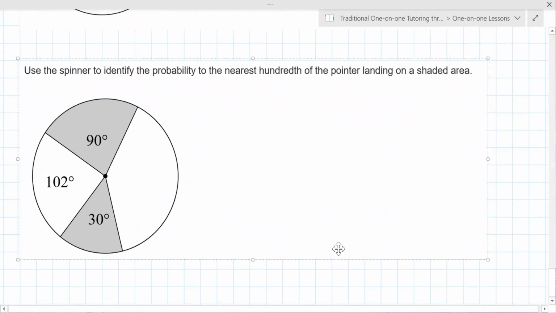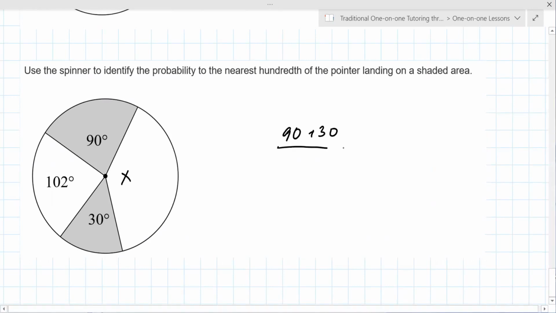So notice you do not need to find X because it doesn't matter what this one over on the right is. You just want 90 plus 30 over 360 because you want the shaded area this time. 0.33. Yes, good catch there.